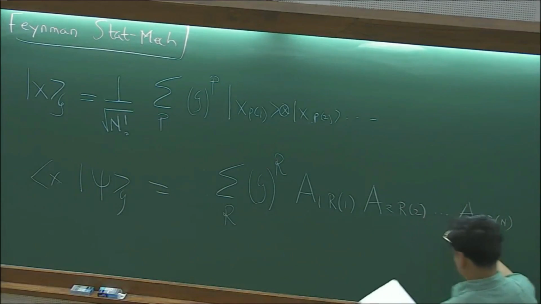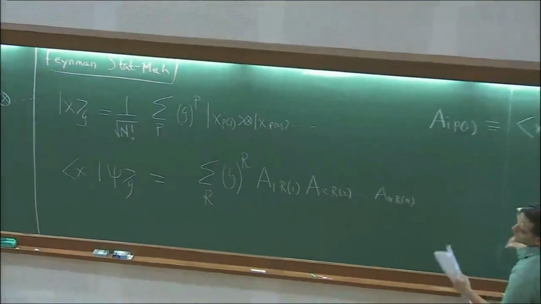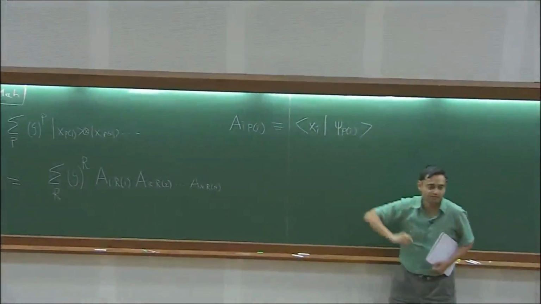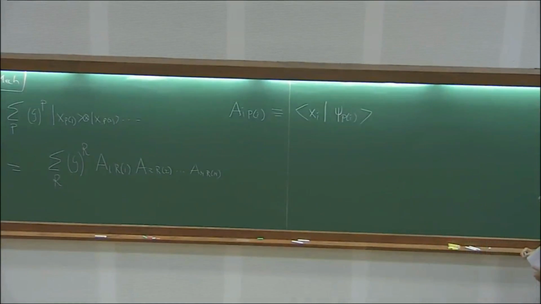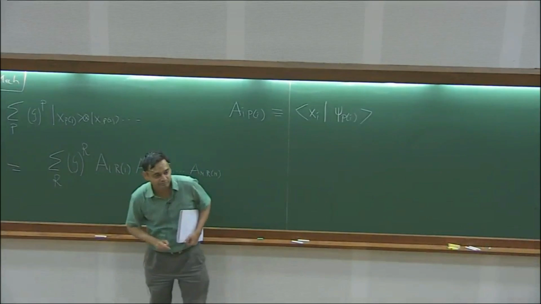And what are these Aij? So Ai Pi for general P is simply Xi psi Pi. These single particle wave functions. So now you can recognize what this is if zeta was -1.